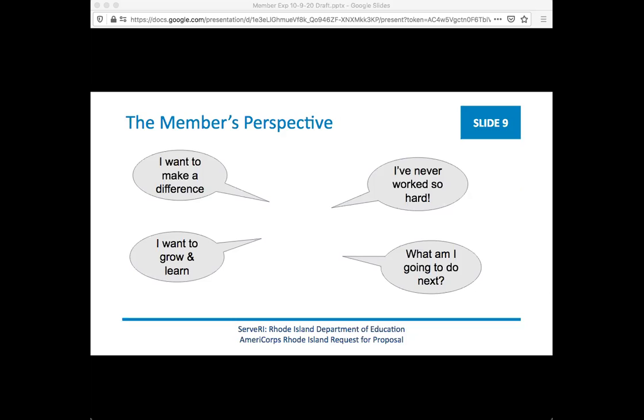Other people are really taking a shift in their life. They've been doing one thing and they're like, I thought maybe I want to get into education, or maybe I want to do this. So they have personal reasons for coming. And with that, they're very focused, in the back of their mind, on what I'm going to do next. How is this going to help me in my future career, my future goals, the future ways I want to serve? And they're working really hard for not a lot of financial compensation.